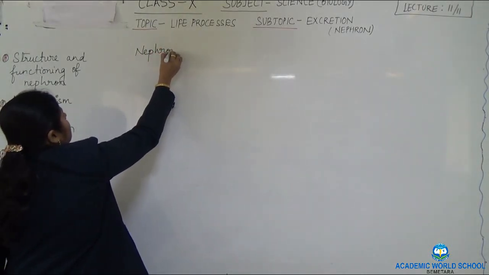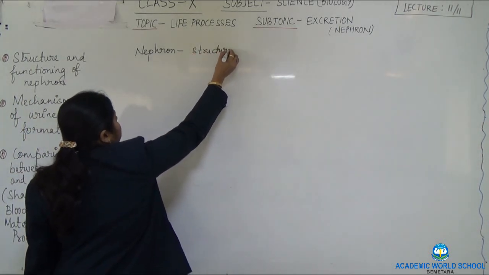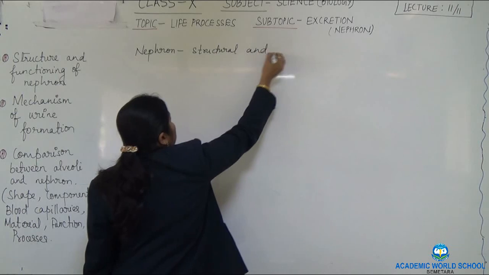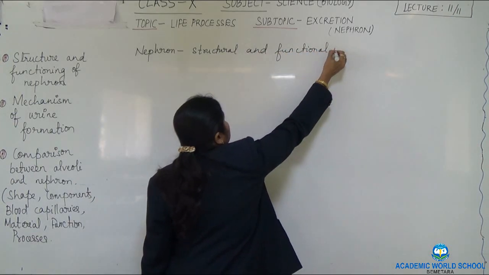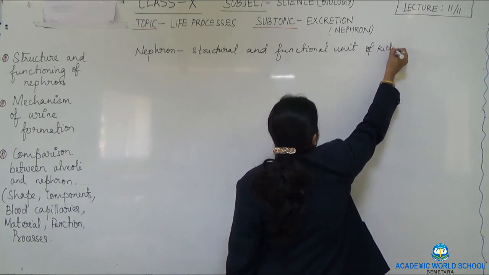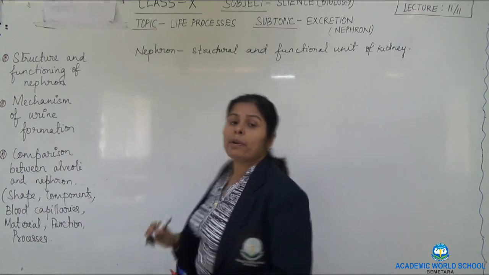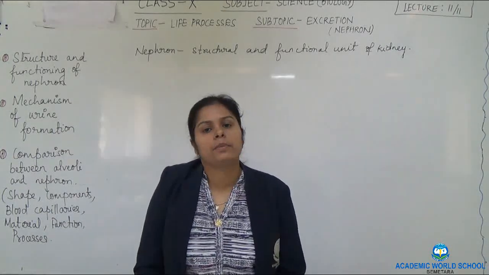This nephron is the structural and functional unit of kidney. You will be surprised to know that in kidney there are millions of nephrons present.